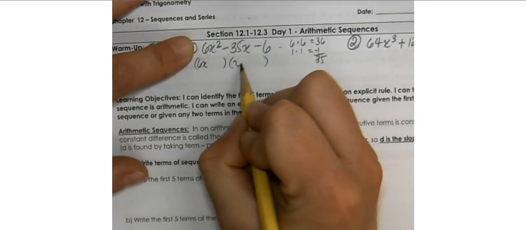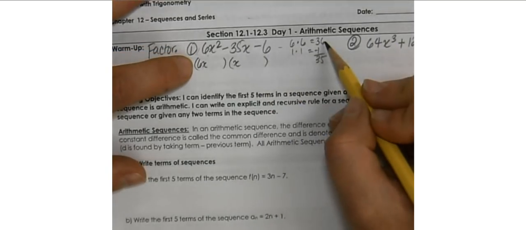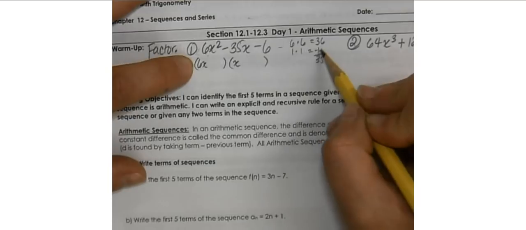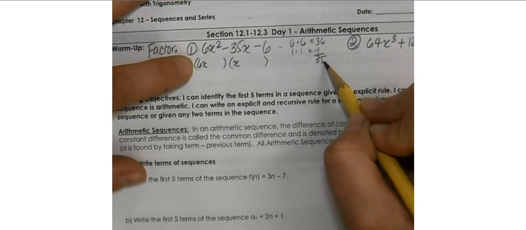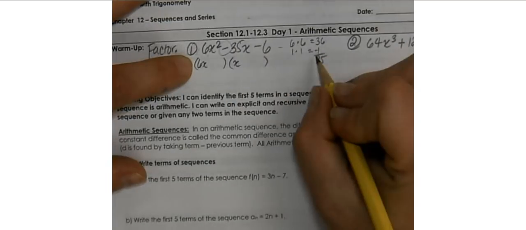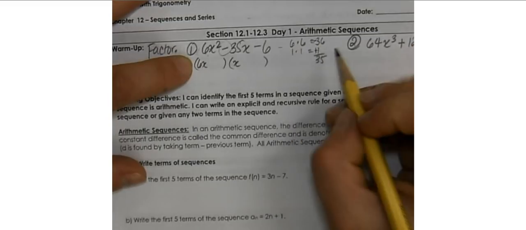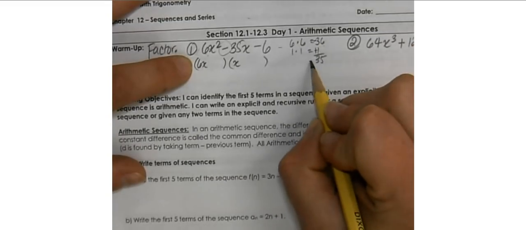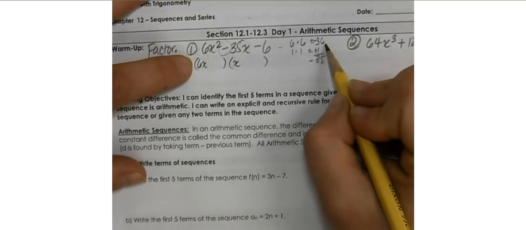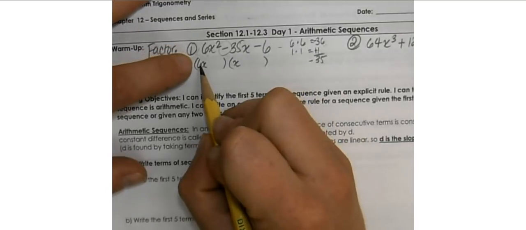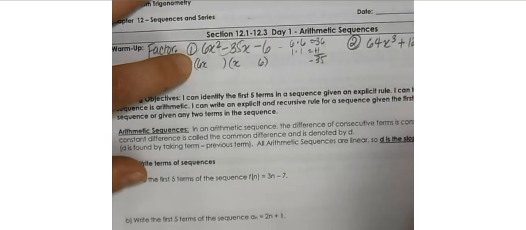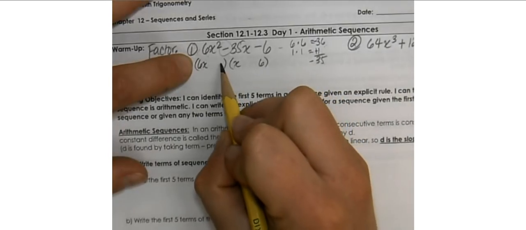And I want to get a 35, and I know that 36 minus 1 will give me a positive 35, but I want a negative 35. So what if I made this a negative 36? Then that would give me a negative 35, and I would be able to have my answer. So I'm going to multiply 6 times a 6 on the outside and a 1x times a 1 on the inside.